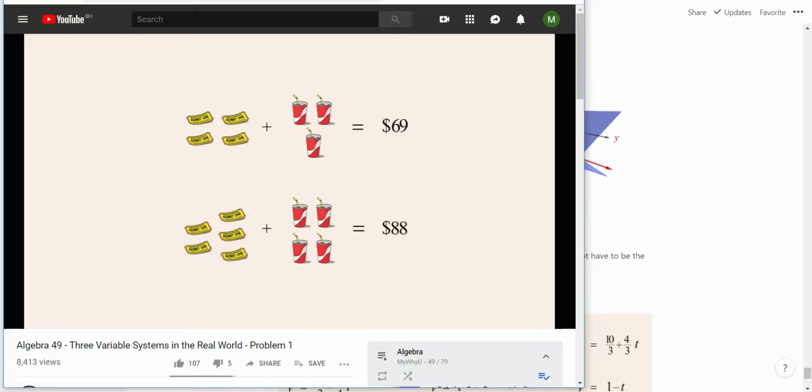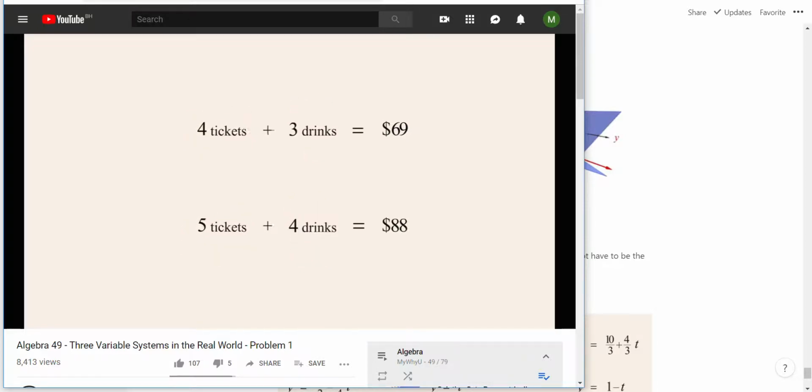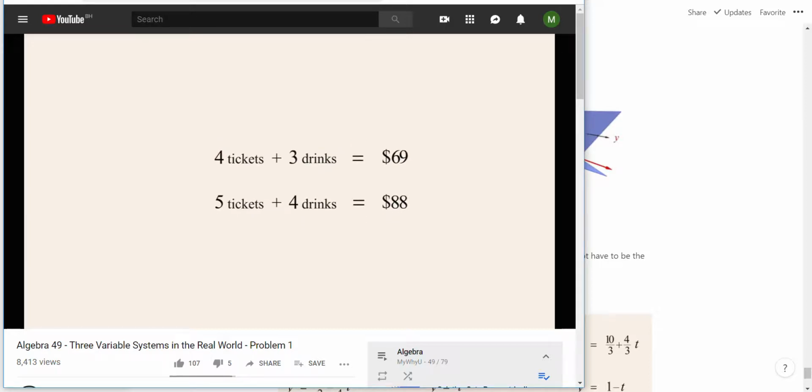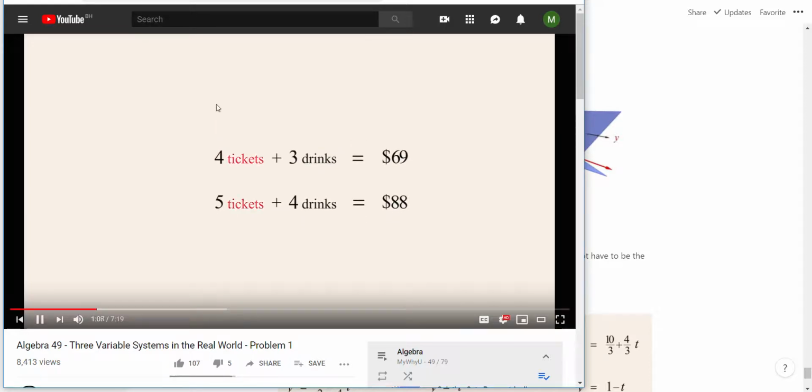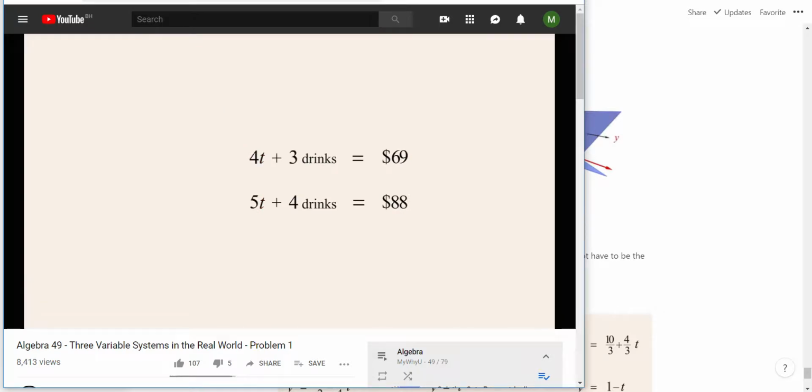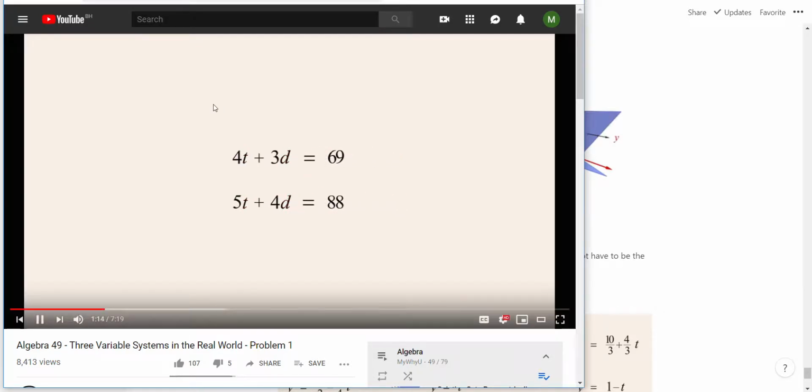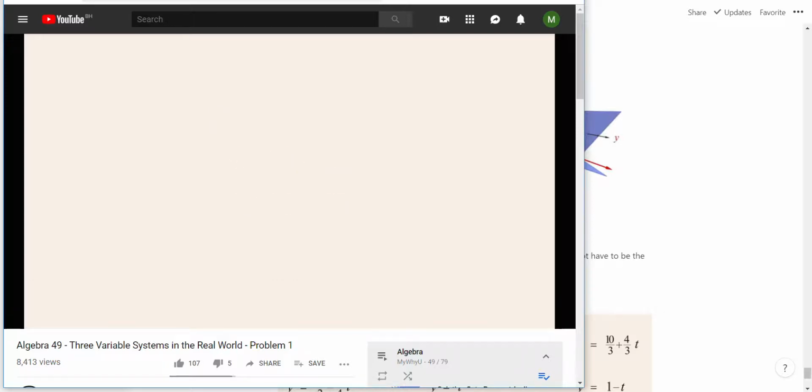To calculate the price of a ticket and the price of a drink, we created a system of two equations in two variables, letting t represent the ticket price and d represent the price of a drink. By solving this system, we discovered that drinks cost $7 each, and tickets cost $12 each.